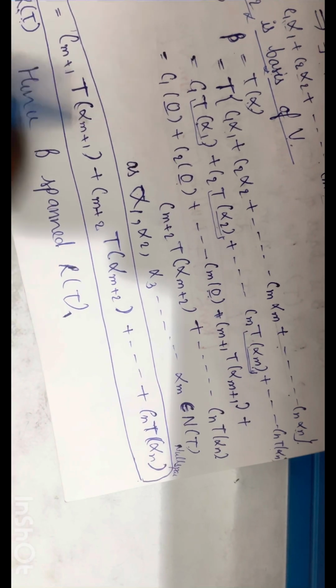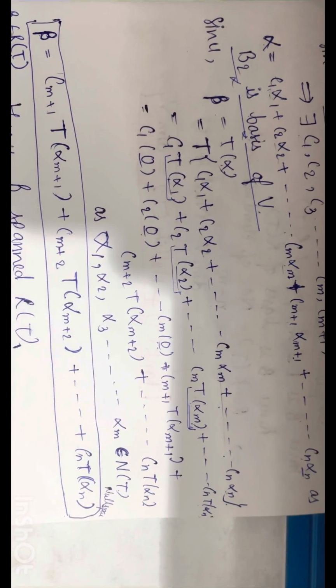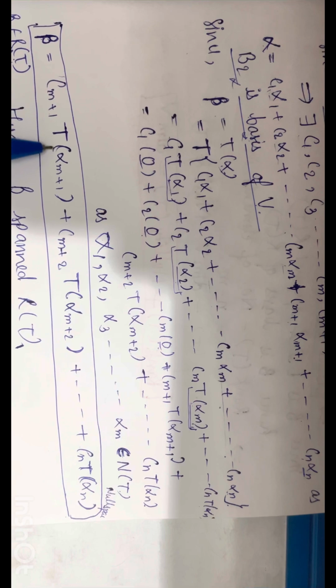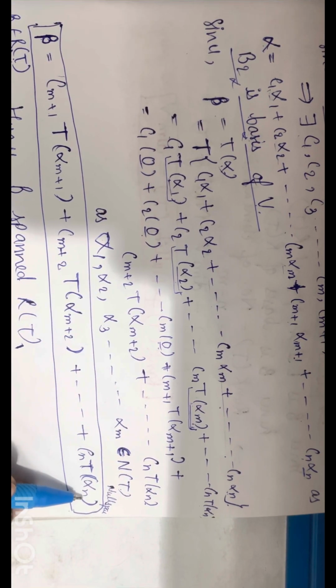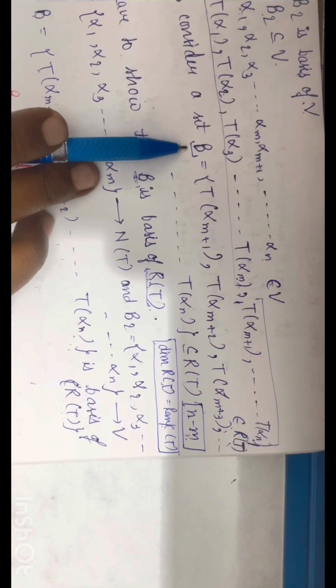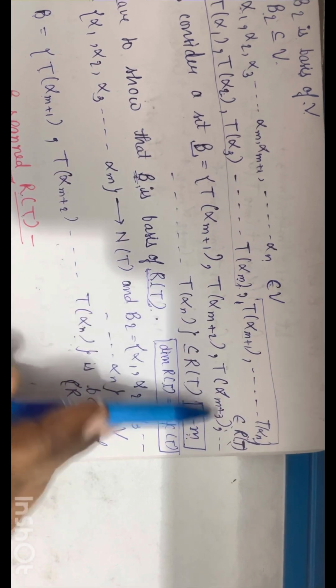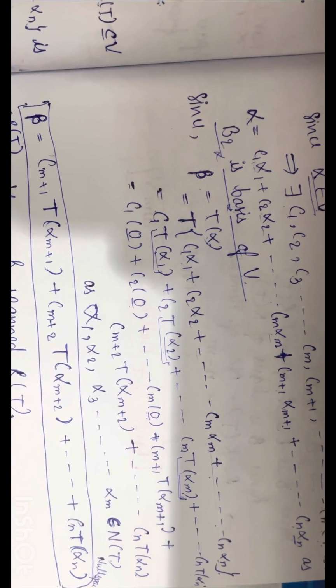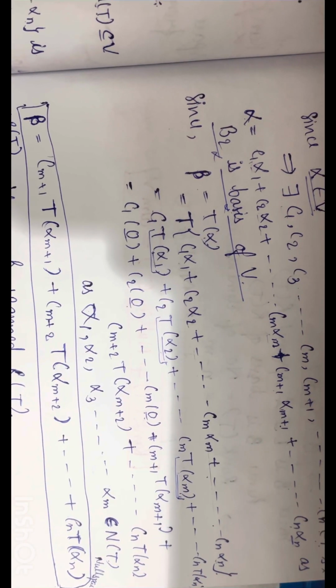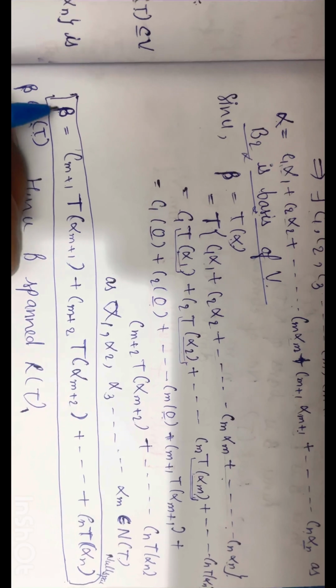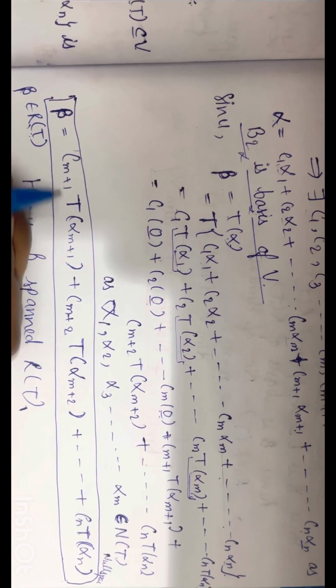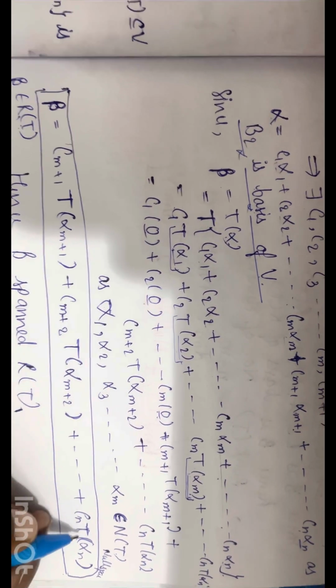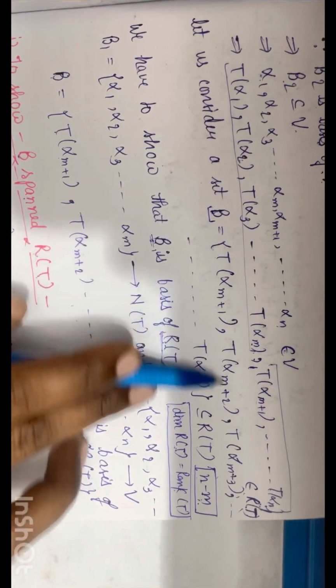So the remaining part will be beta is equal to Cm plus 1 T of alpha m plus 1 up to Cn T of alpha n. Now, see, here the considered set B is containing these elements. Now, any general element belonging to range space of T, that is beta, is written as a linear combination of elements of this considered set.